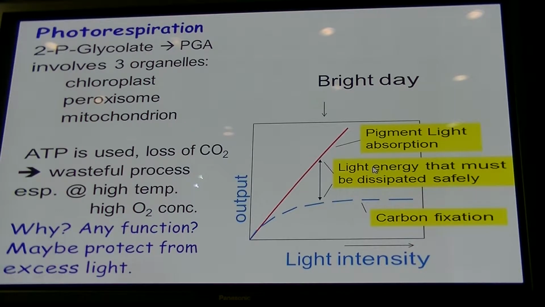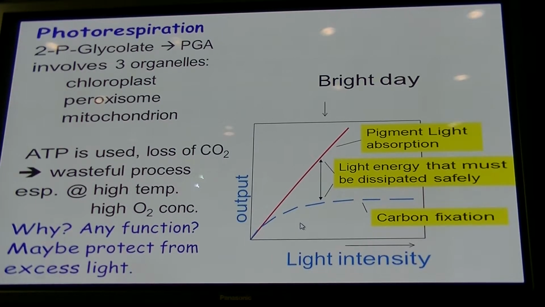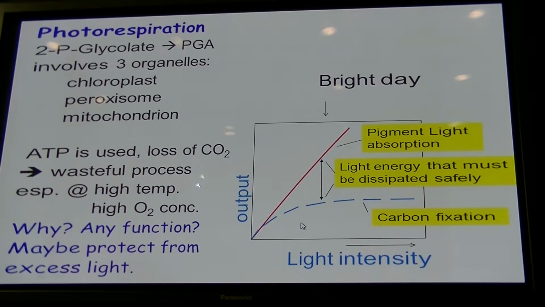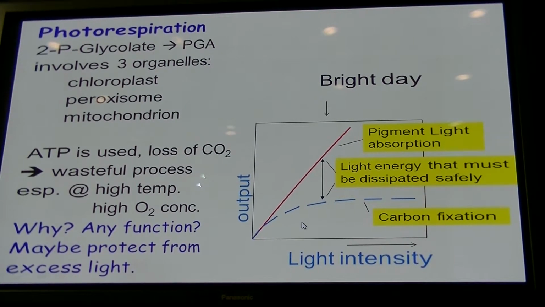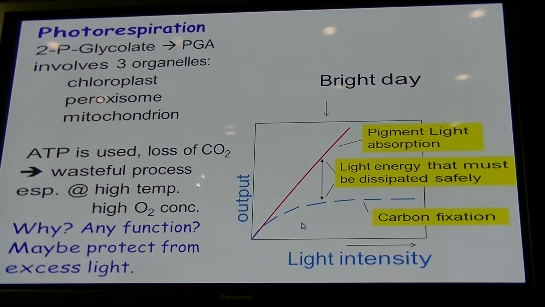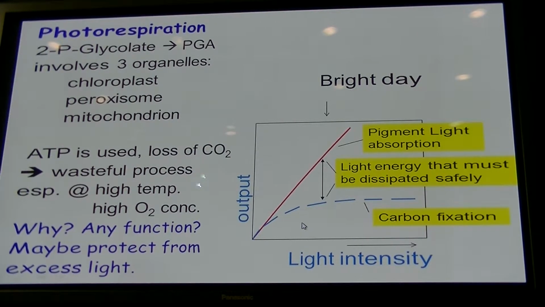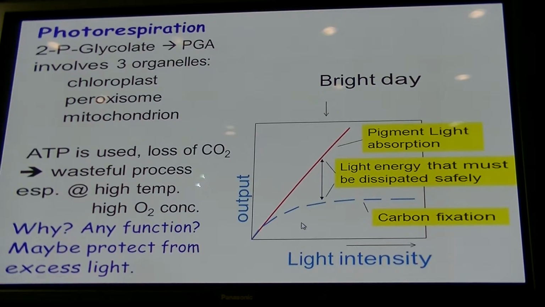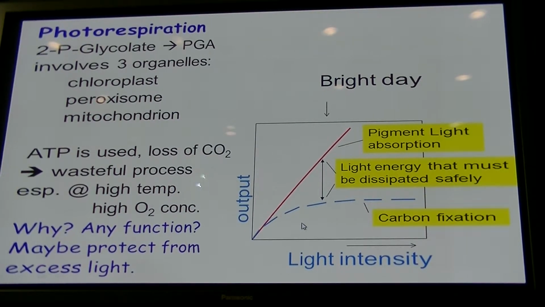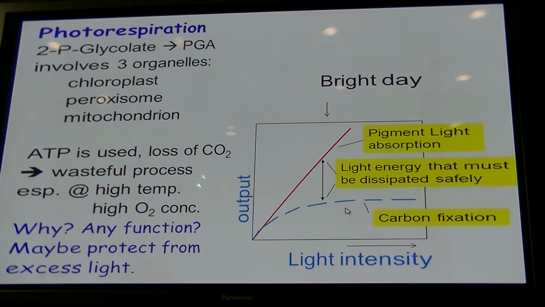To give you an idea, probably in this room, I'm guessing that we are at a light intensity of some 50 to 100 micromole photons per square meter per second. That's also known as the micro-Einstein. So we're roughly at maybe 100 micro-Einsteins here. On a bright day in Colorado, out in the field, you would be at 2,000 to 3,000 micro-Einsteins.